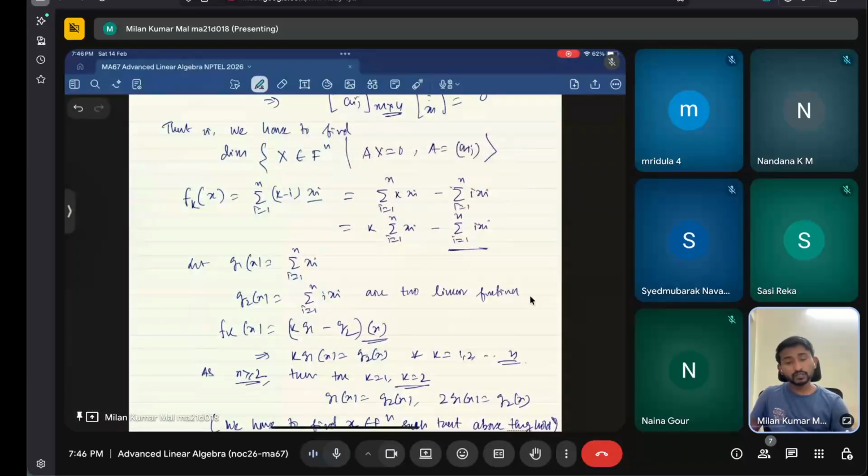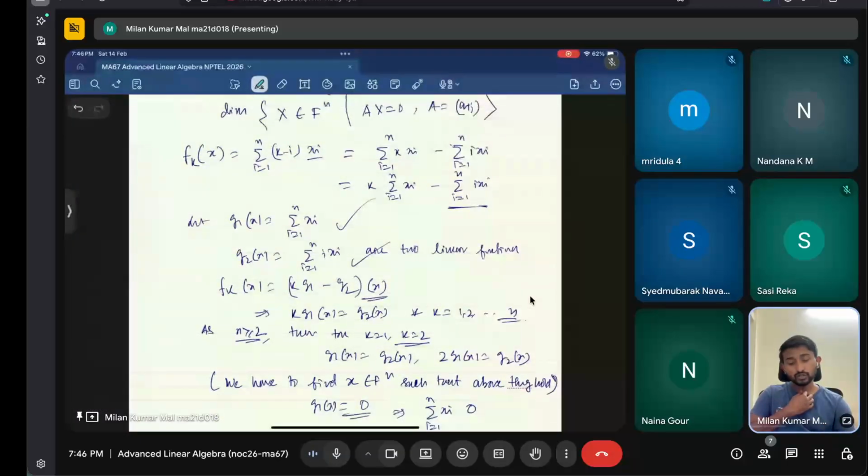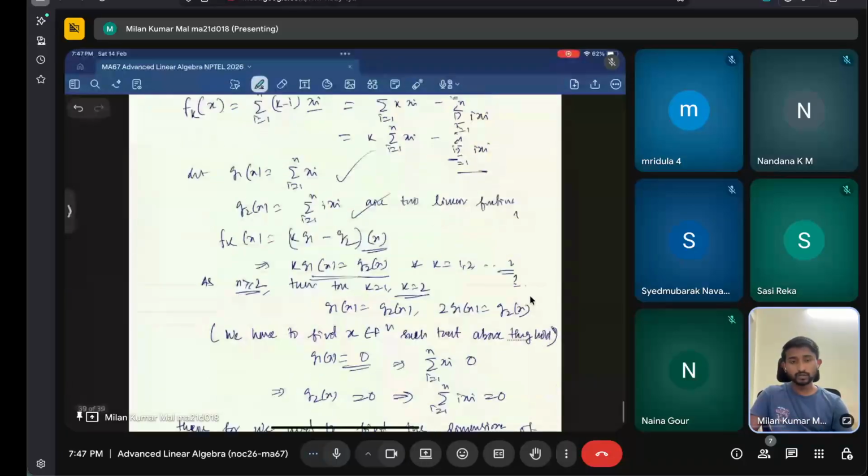Now if g1, g2, whatever we have discussed this way, basically you have to find all those x for which k g1(x) equals g2(x) for all k equals 1 to n. If these hold, necessarily we obtain g1(x) equals 0 and g2(x) equals 0.